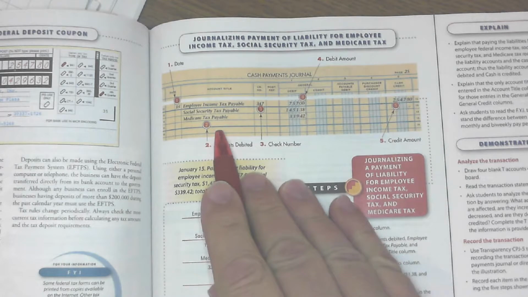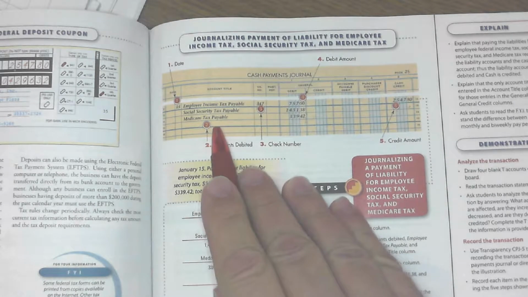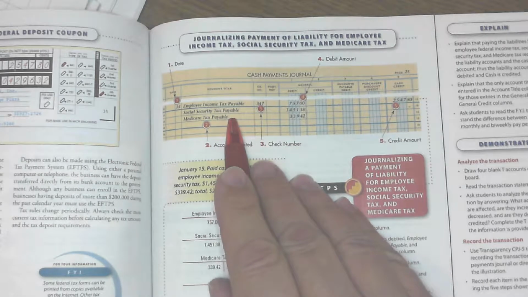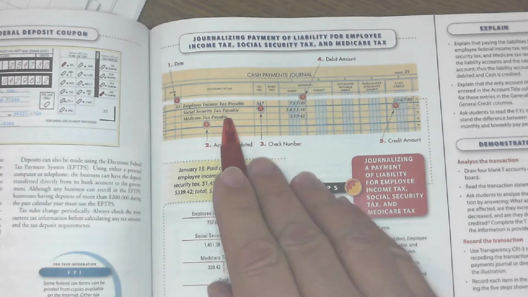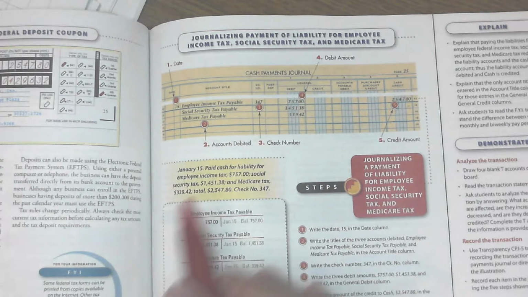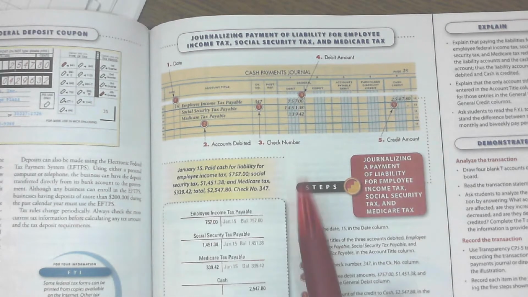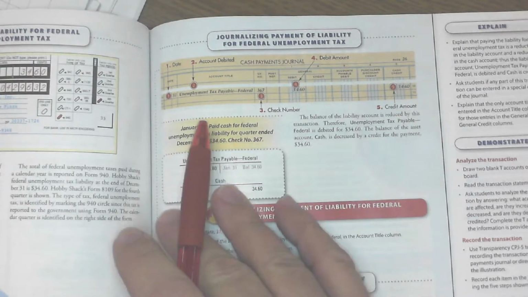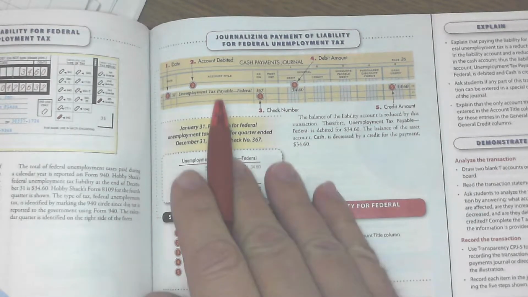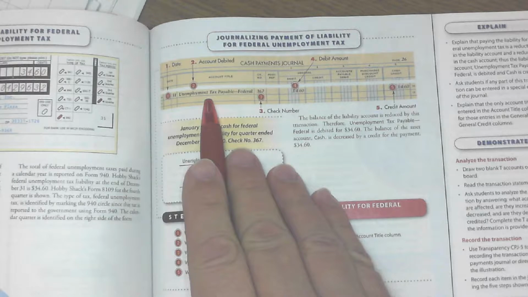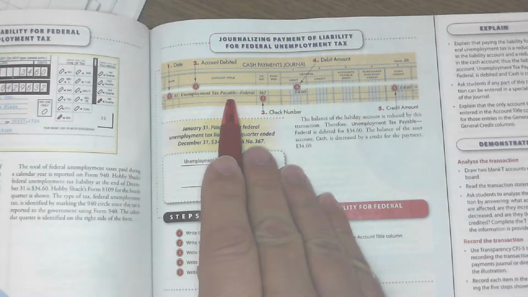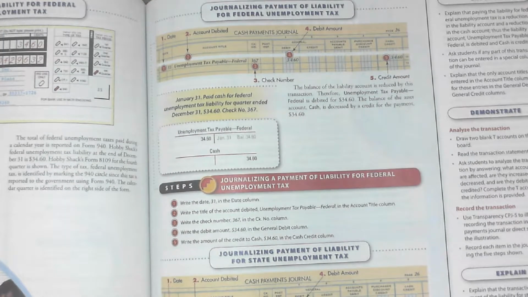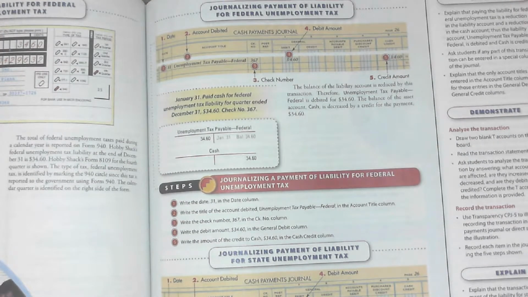We're going to use one check for our income tax and Social Security and Medicare tax that were withheld. We're going to use one check for those 3 items, and then the unemployment is going to be separate. One check for unemployment for federal, and underneath, one check for unemployment for state.